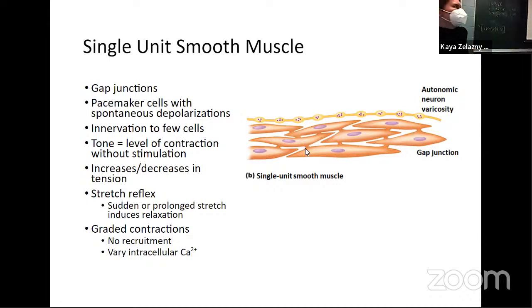A cool thing about smooth muscle is that sometimes we have these cells we call pacemaker cells, which we're also going to see in cardiac muscle in our heart unit. A pacemaker cell undergoes spontaneous depolarization.